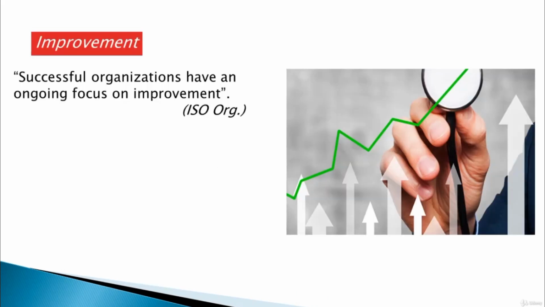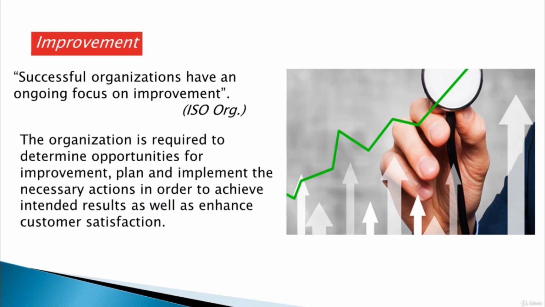The fifth quality management principle is improvement. Now, in the 2008 revision, this was the sixth principle, and it was known as continuous improvement. Anyway, according to ISO, successful organizations have an ongoing focus on improvement, which means to have a successful organization, the organization must have an ongoing focus on improvement, which means the improvement never ends.